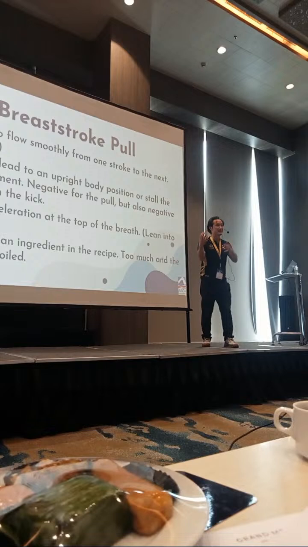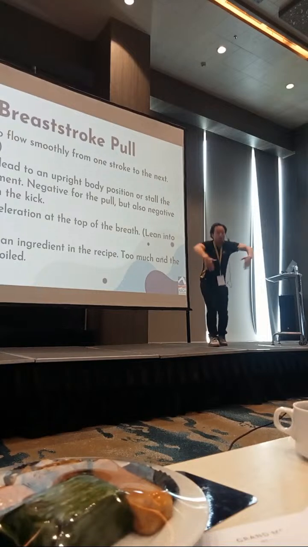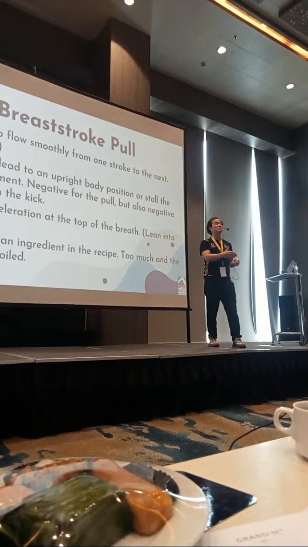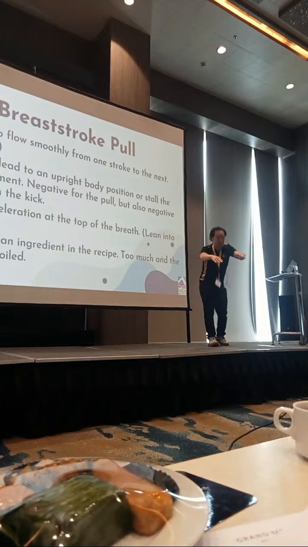It won't be the best food at the end if you have too much of one thing. And that's what the pull can do. It's too hard here, like many people do in other strokes. When you want to go faster in freestyle, you pull harder. In breaststroke, you can't do that. When you pull harder, oftentimes it leads to you stopping here. So it's the same thing. It's just keeping it round, doing less of it, less than what you possibly can in order to be the best going forward.